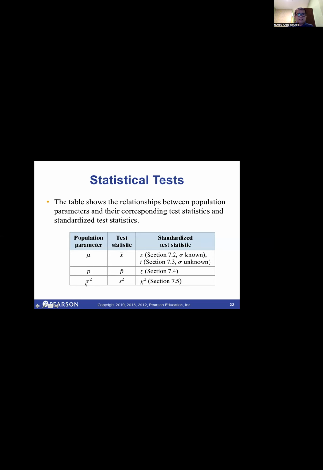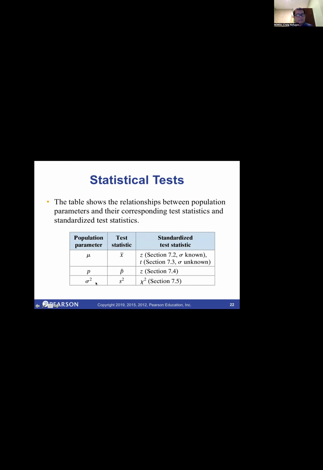This is a Greek letter which represents sigma, sigma square. This refers to the population variance. And small letter s raised to the second, or s square, is the sample variance. Sigma square is the population variance.